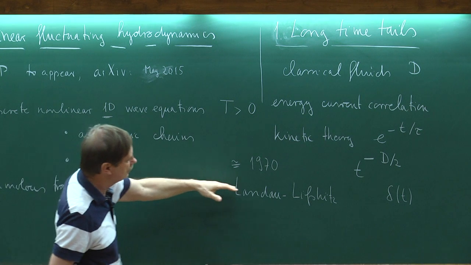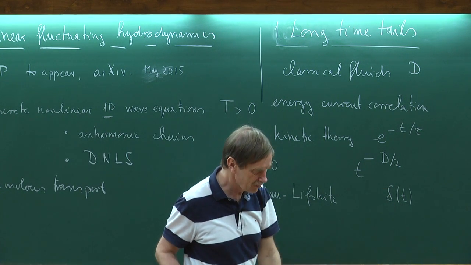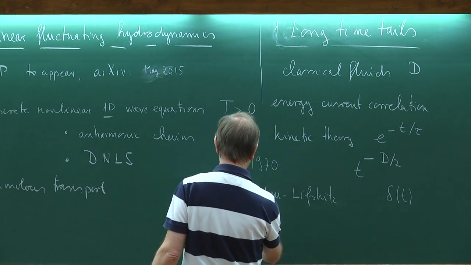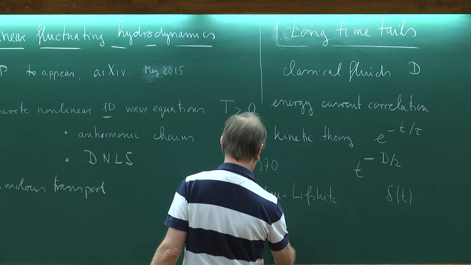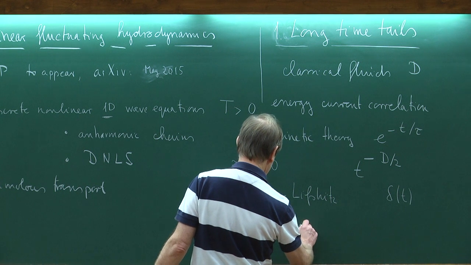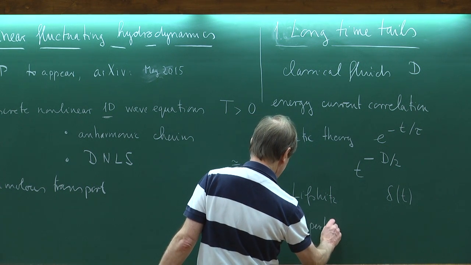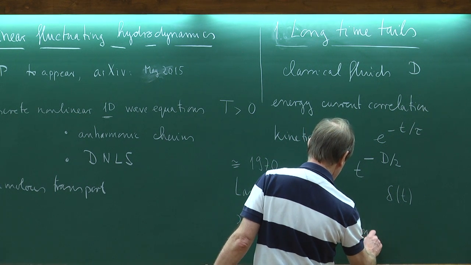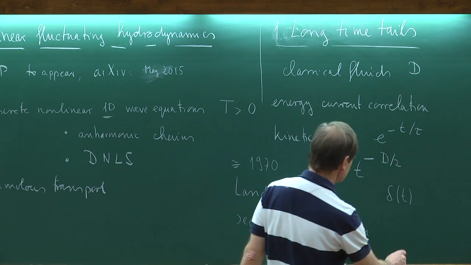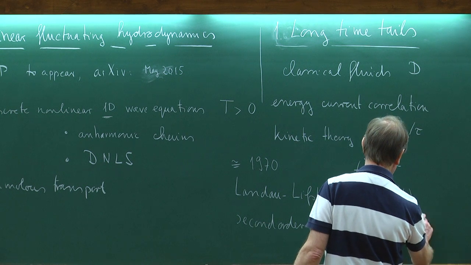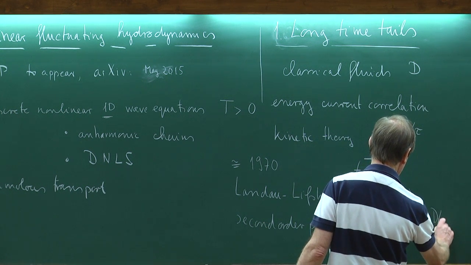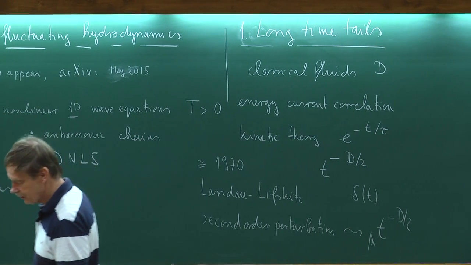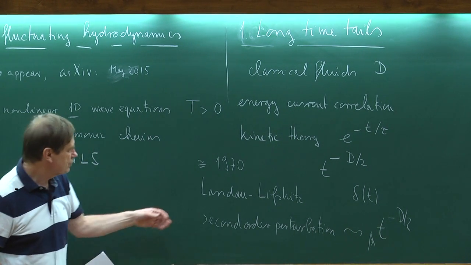You want to go beyond the linear terms, so you will find quadratic terms in your equation. So you do second order perturbation theory, which is straightforward. There's nothing very difficult about it. And what you find is that it really goes like t to the minus d over 2. You also compute all the prefactors, and it fits perfectly with more sophisticated types of theories.